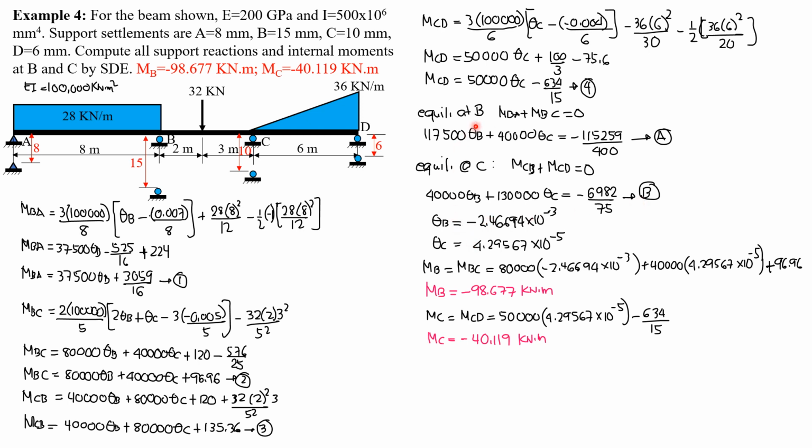We can now compute theta B: negative 2.46694 times 10 to the negative 3 radians, and theta C is 4.29567 times 10 to the negative 5 radians.